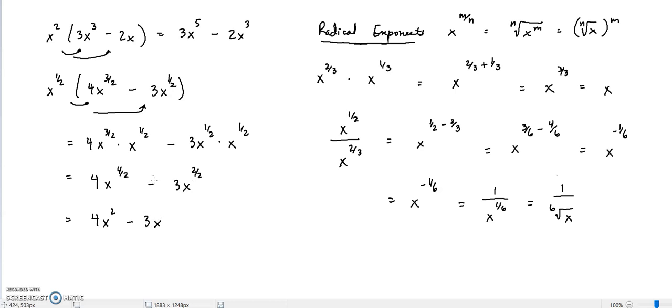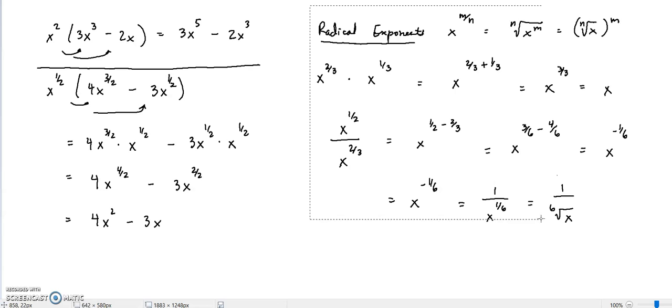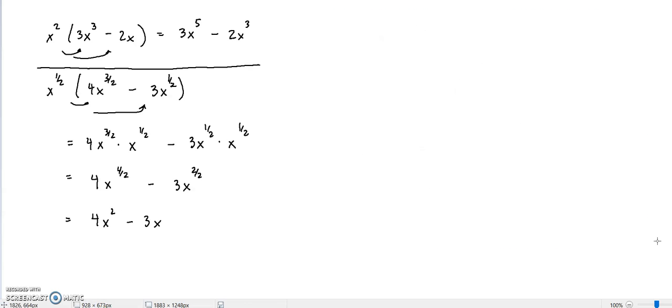Okay, and that one was nice because it simplified down like this. It started off a mess, but it simplified down really nicely. Okay, and the last thing that we're going to do with this is we're going to factor. So this was multiply.